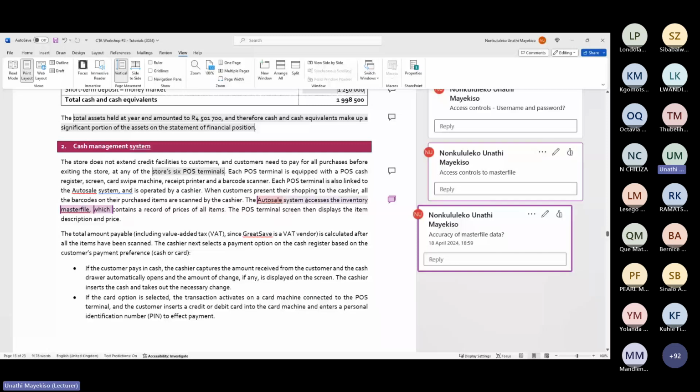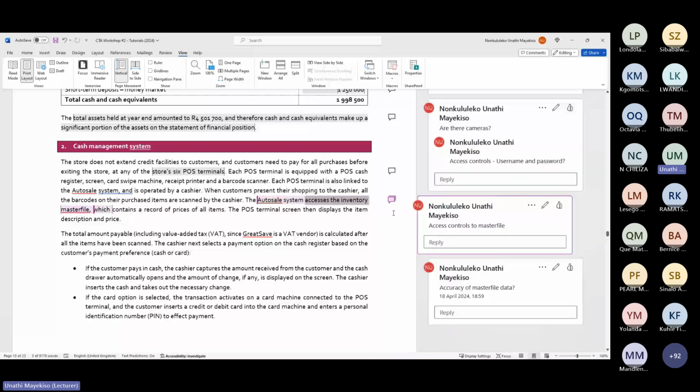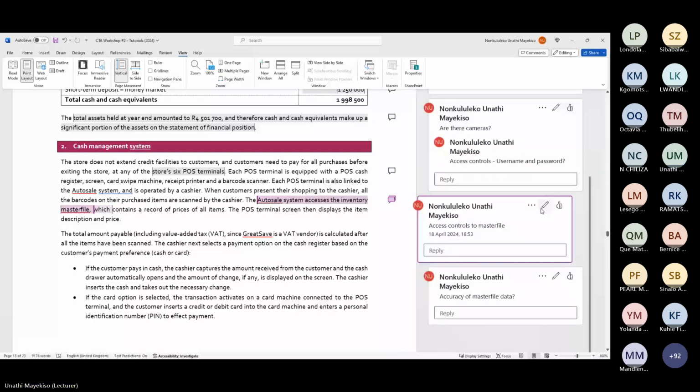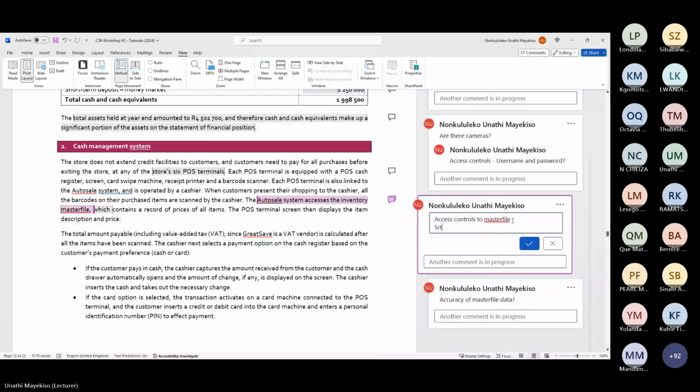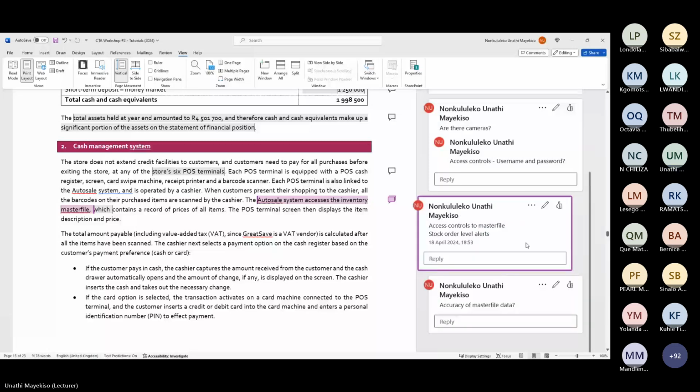Okay, here I won't be able to add a separate comment, so let's say stock order level alerts, something like that, right?